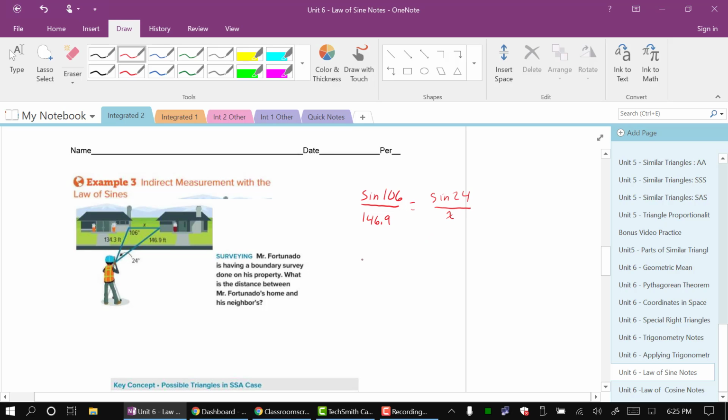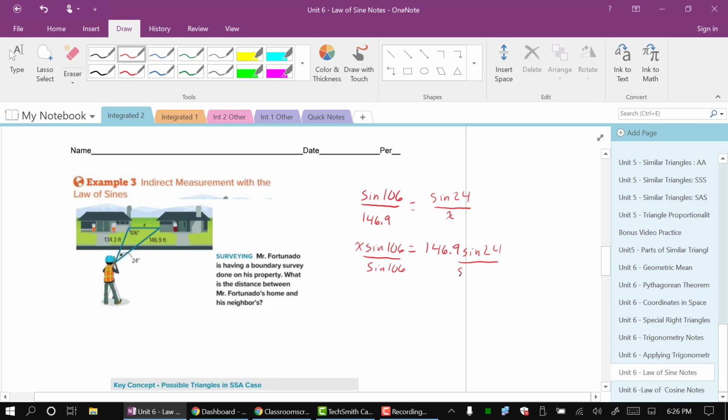Cross multiply this out. This gives me x sine 106 equals 146.9 sine 24. Divide both sides by sine 106.